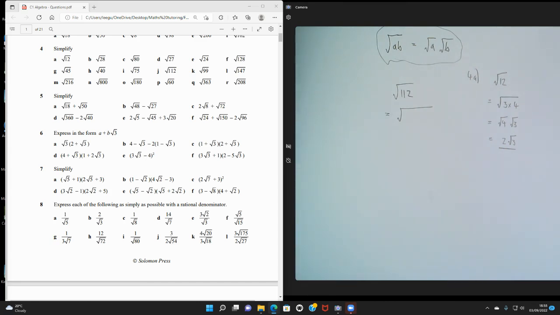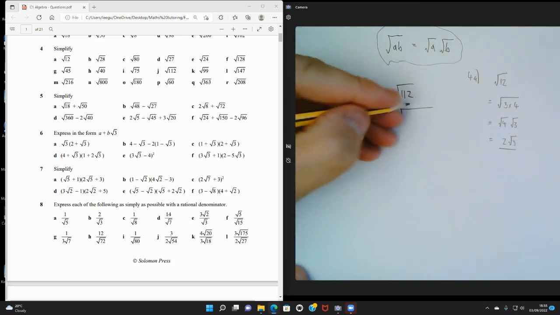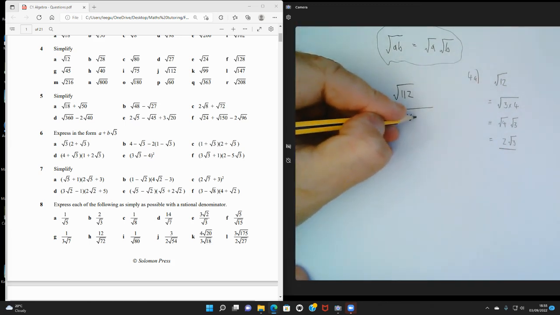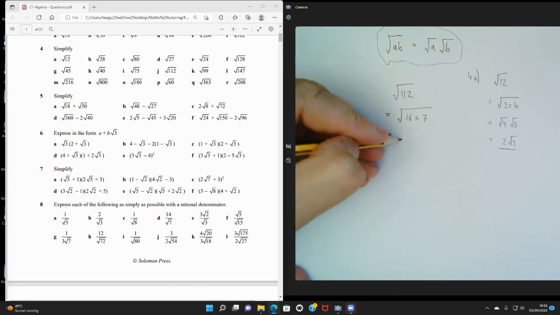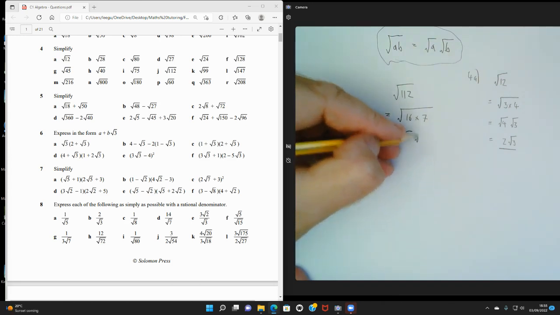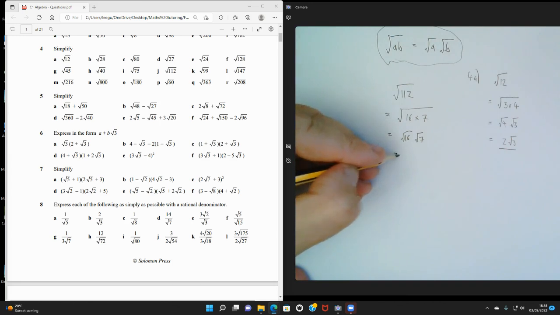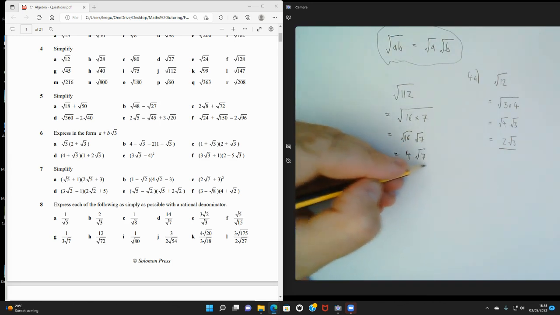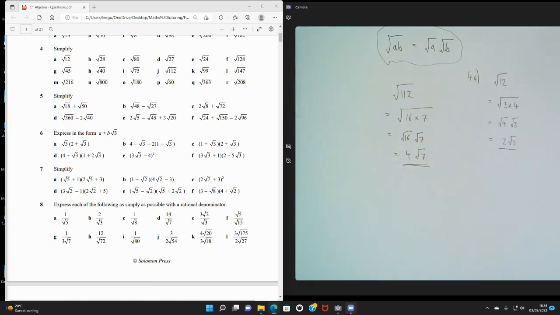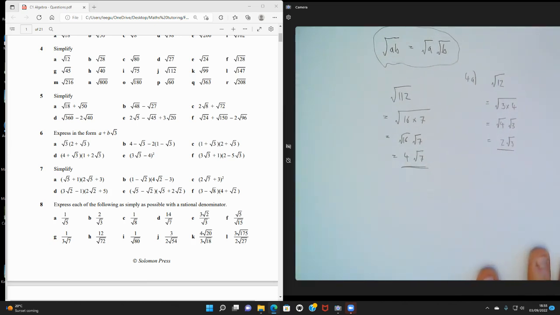So it would appear that 16 times 7. So 16 times by 7 makes 112. So that is going to be root 16 root 7, and root 16 is 4, so that is 4 root 7. So that's how we simplify surds that are of that type.